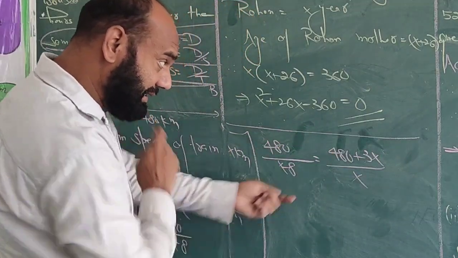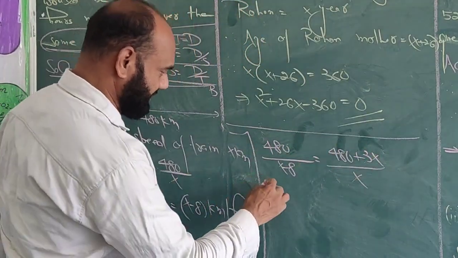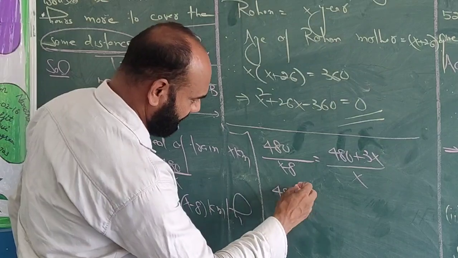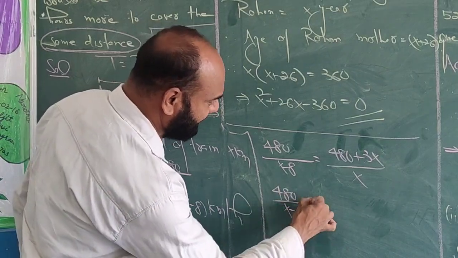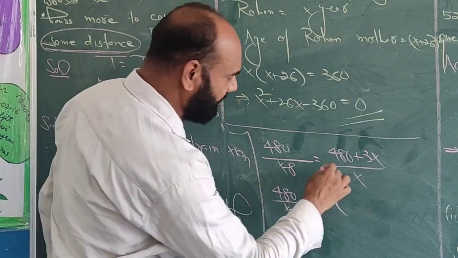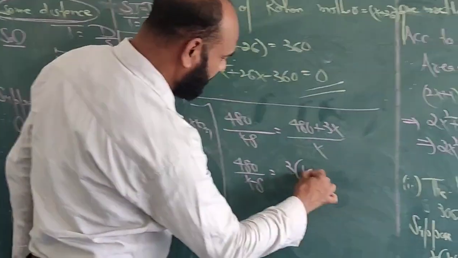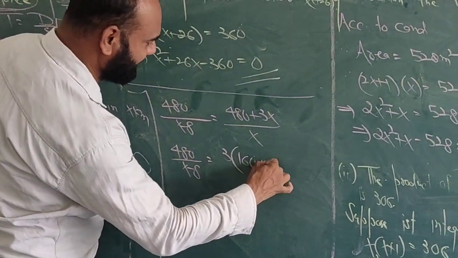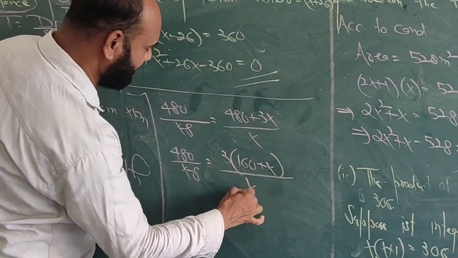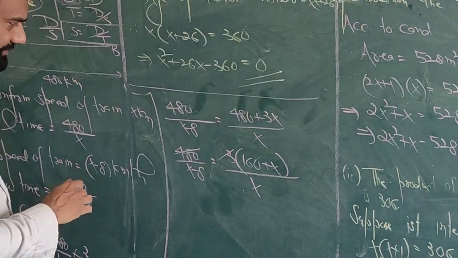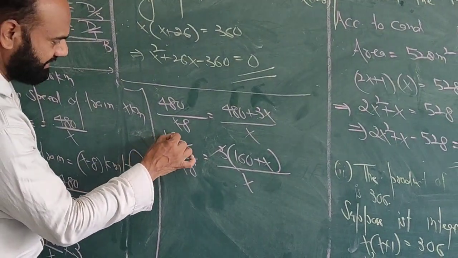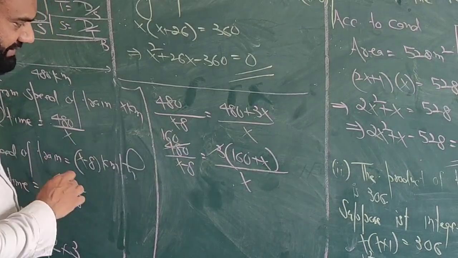Now we take 3 as common for easy calculation. 480 upon x minus 8, 3 is taken as common, then this is 160 plus x upon x, and 3 is cut from this. 3 1s are 3, 3 6s are 18, 160.